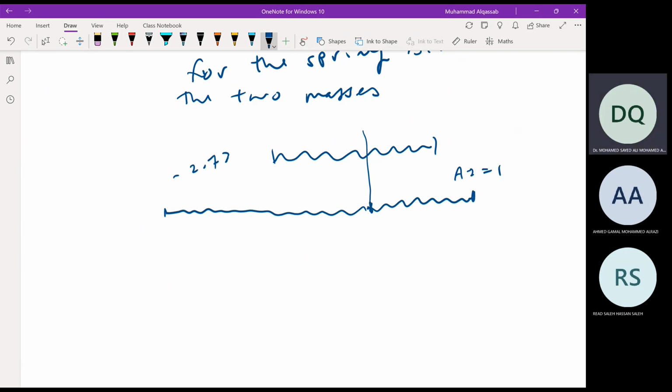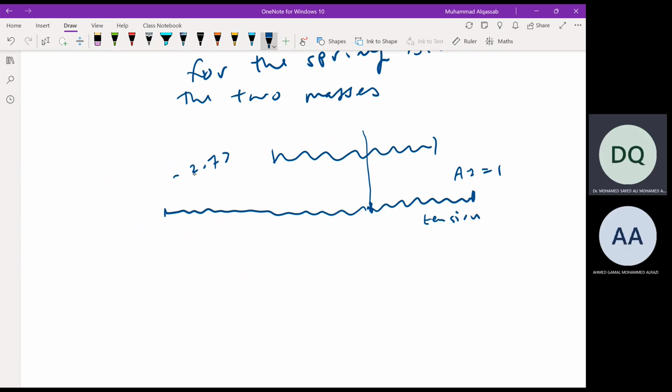Okay, but this point is always 0. So here it is under tension, this part, and this part is also under tension. But this point is always 0.